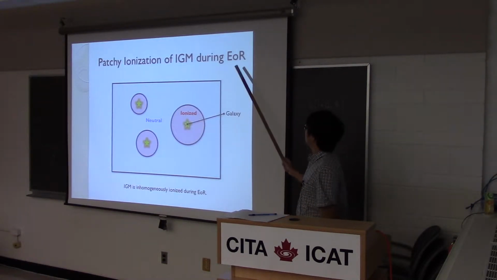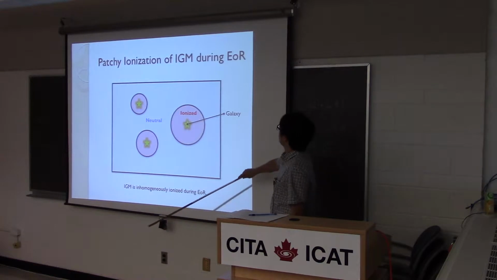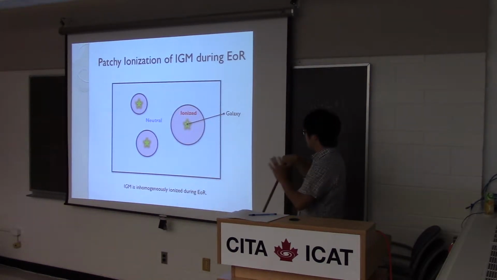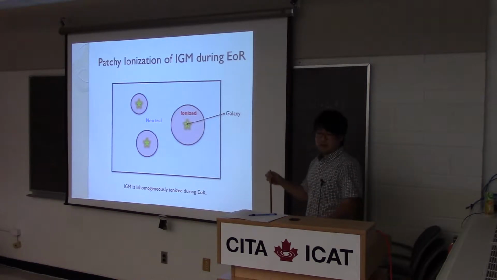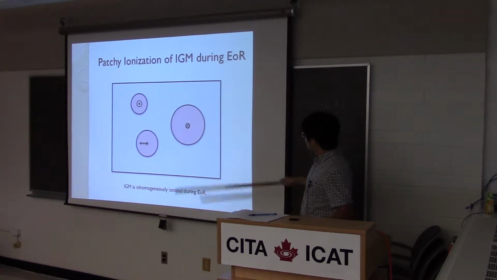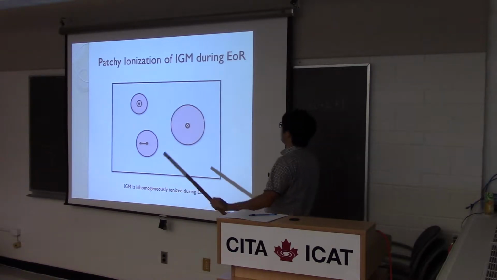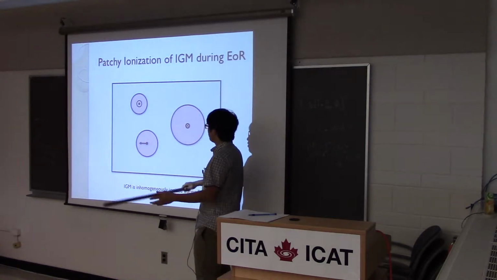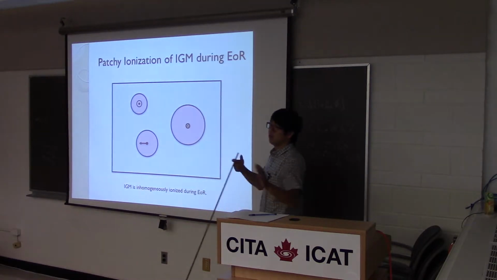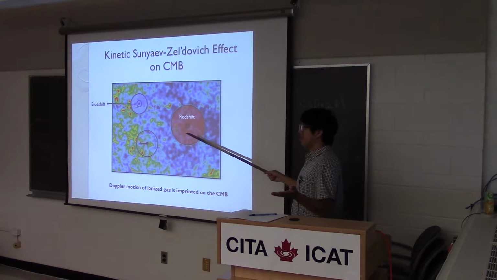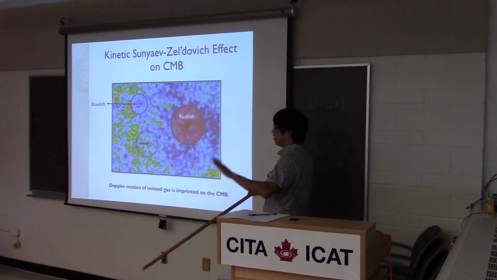If you think about the epoch of reionization, then you have neutral IGM embedding this ionized gas surrounding these galaxies emitting UV light. Then the HII regions will have some line of sight motion. It could be moving away from us, moving toward you, or could be moving perpendicular without any line of sight velocity. Then the CMB will be red shifted or blue shifted, or it will remain the same depending on the line of sight velocity.